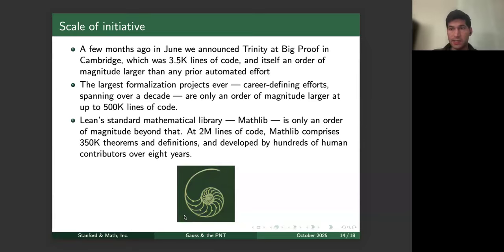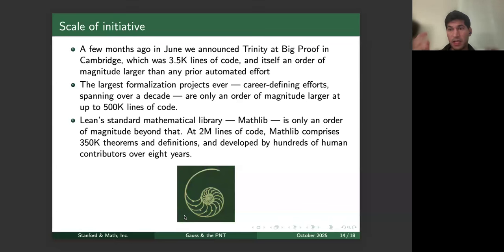And for context, at least counted by lines of code, the largest formalization projects that have ever been done are essentially career-defining efforts spanning, in many cases, over a decade. Think about examples like the Kepler conjecture, or the odd order theorem, the Feit-Thompson theorem, which were about 300,000 to 500,000 lines of code.